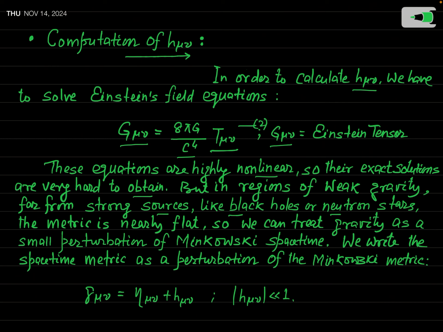And in a weak gravitational field, you have studied earlier that the metric is nearly flat. It means Einstein's theory becomes almost Newtonian theory. So in this condition, we can treat gravity as a small perturbation. Gravity will now be treated like a small perturbation of Minkowski space-time.